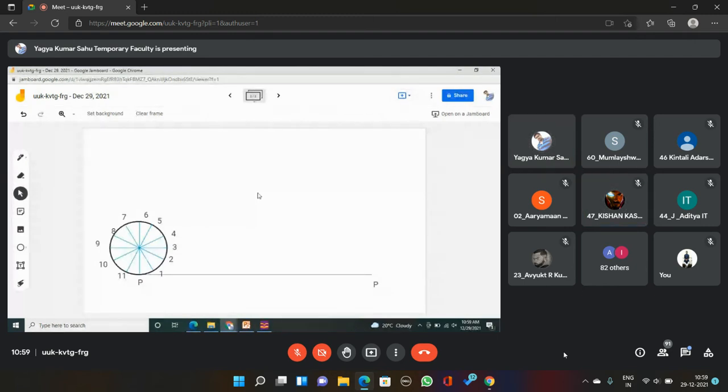Now we are drawing that cycloidal curve for one complete revolution of the circle. Now, how many divisions of this PP? We have to make 12. Similar to this circle, divide this particular P to P into 12 equal parts.